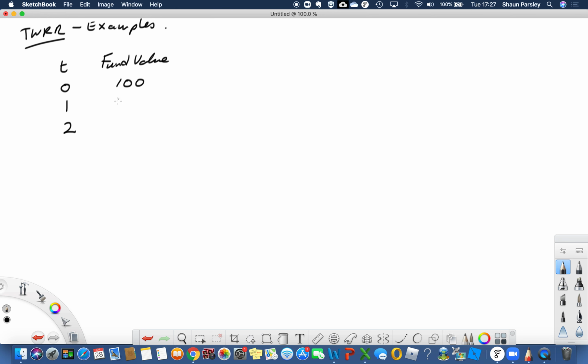At time 1, the fund value was 150, and at time 2, it was 200. Then we've got some cash flows as well, and we've got a cash flow here of minus 10. I'll put in a square bracket, that means out. So that's going out.